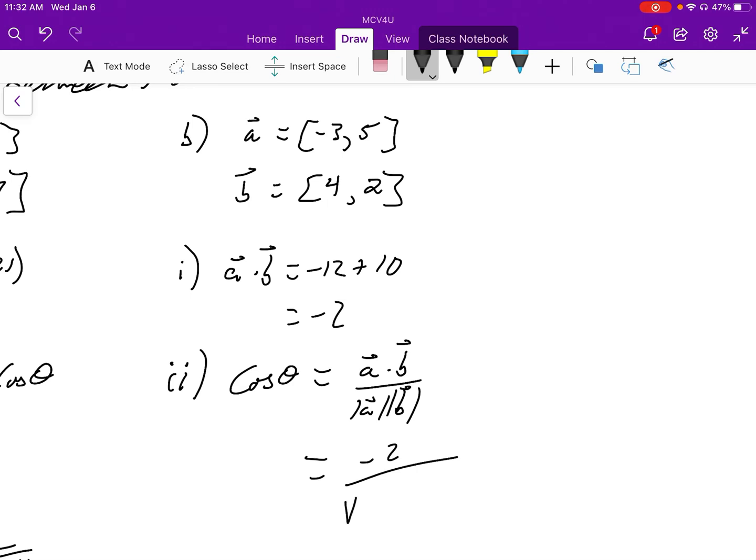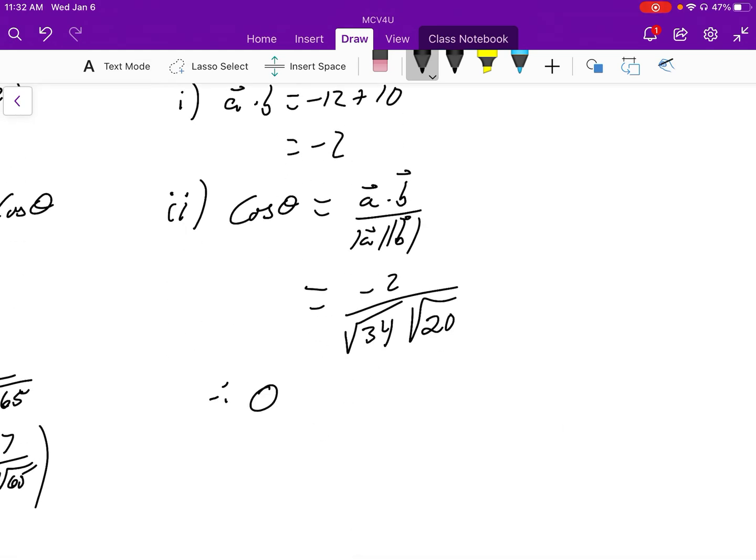We now find the magnitude of A. Okay, so 3 squared is 9, 5 squared is 25. Add those together, you get the square root of 34. Now the magnitude of B: 4 squared is 16, 2 squared is 4, so that's the square root of 20.